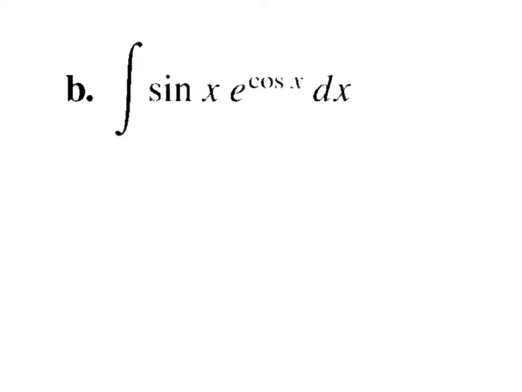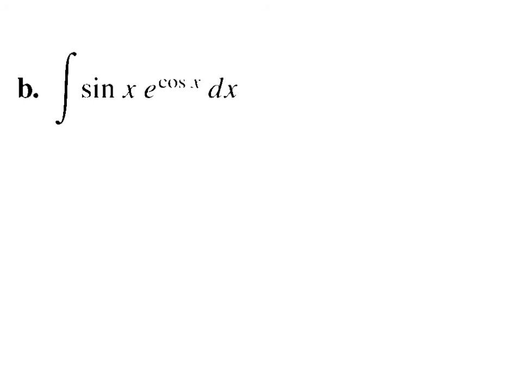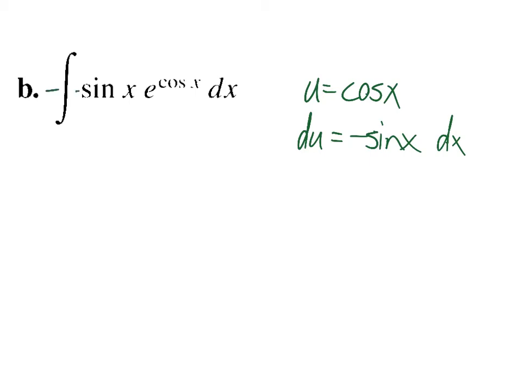All right, let's take a look at our solution here. What's u? Cosine x. And du? Good. Negative sine x dx. So what do we need? Negative, because this sine x dx will give us our du.